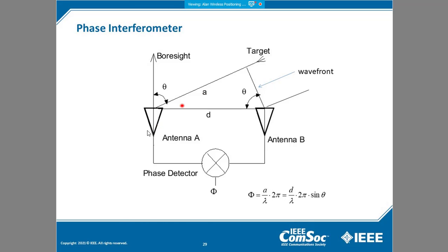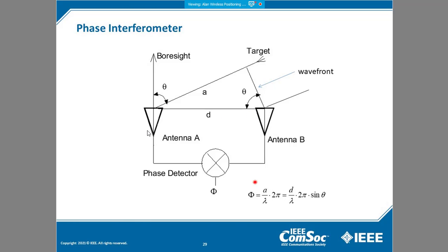according to this length, and this phase shift is determined by this relationship here, a simple trigonometric expression, which depends on the wavelength of the signal and the distance between the two antenna elements.